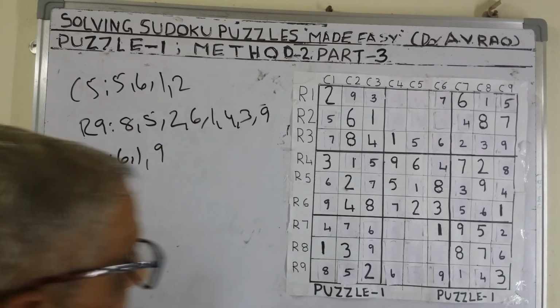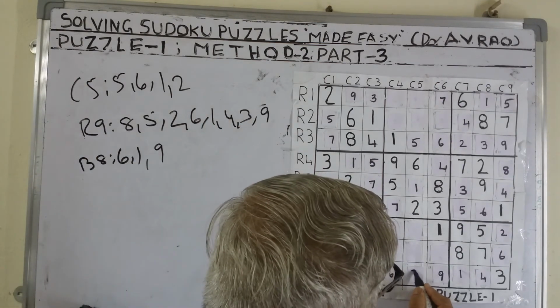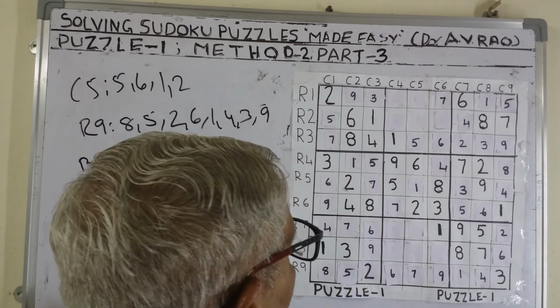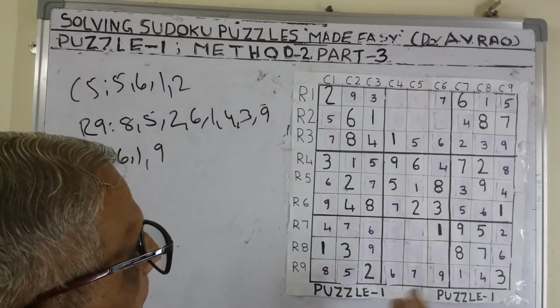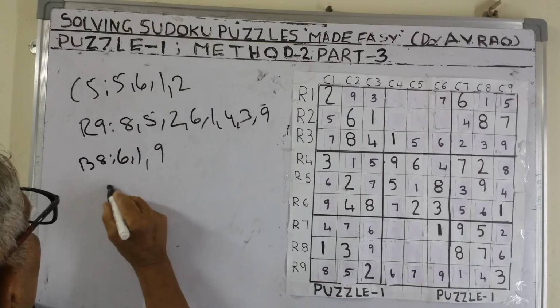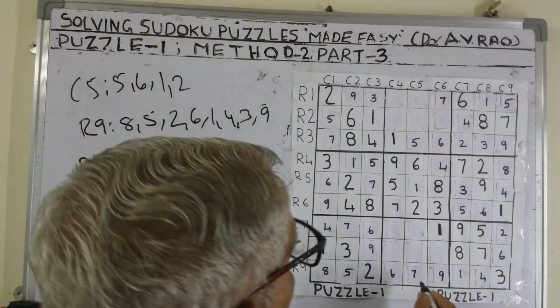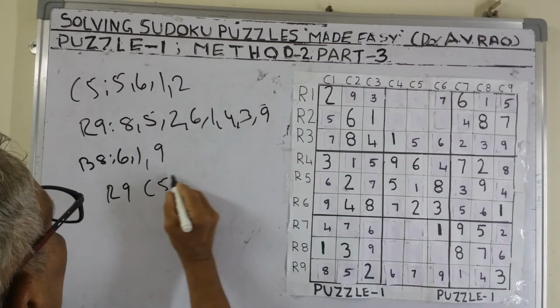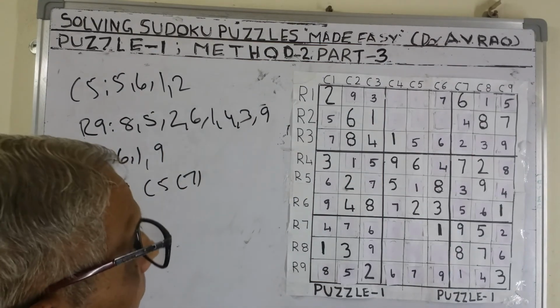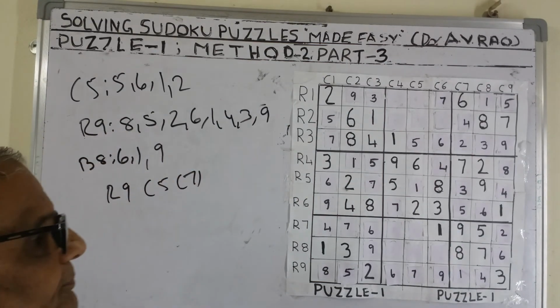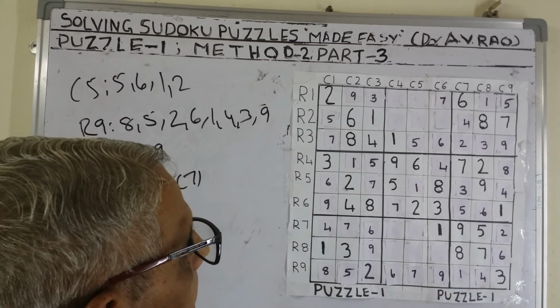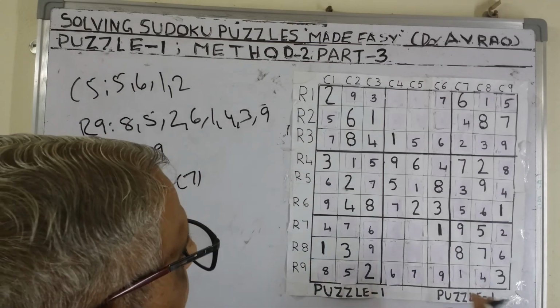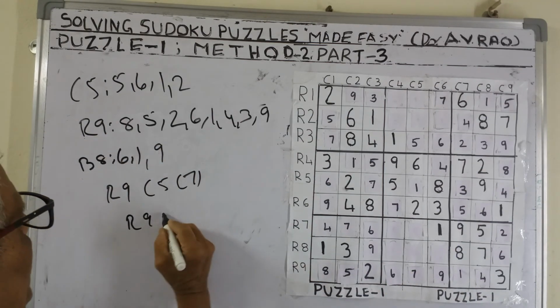So 7 is missing. Let us write 7 here, that is R9C5 is 7. Now R9 is also completed.